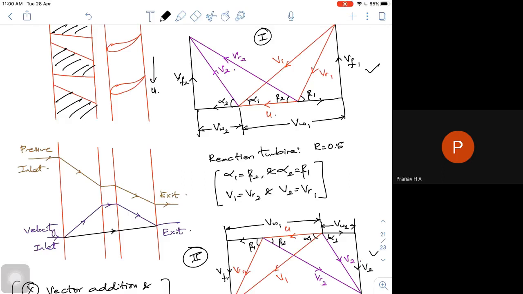Cos beta 2 is equal to U plus VW2 divided by VR2.